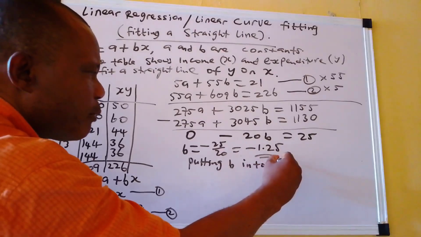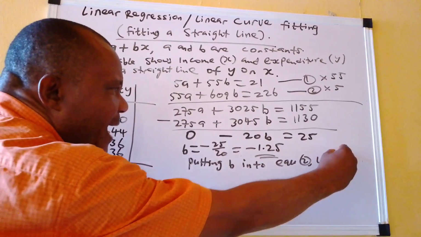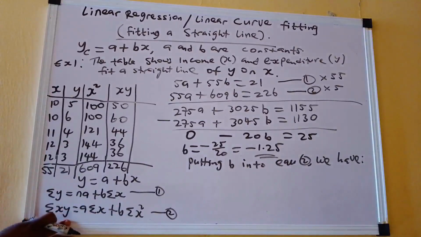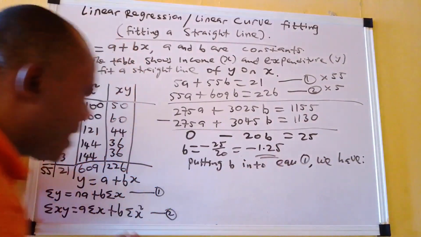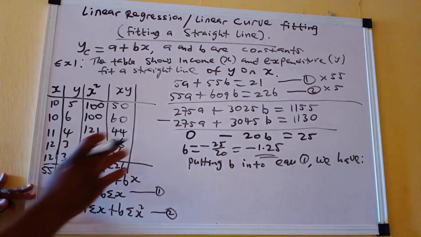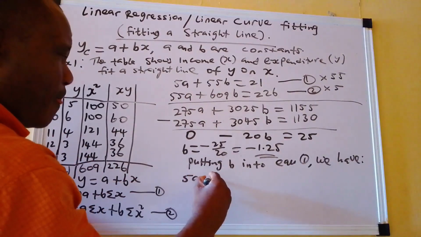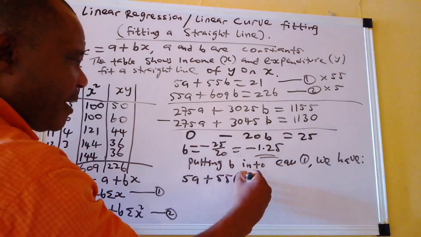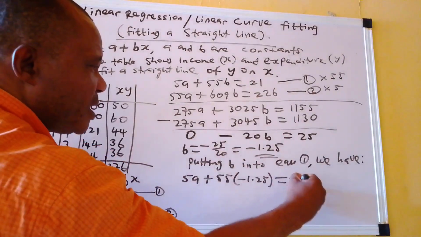So putting B into equation 2, or let's say even into equation 1, okay, let's put it into equation 1, not equation 2. Now look at equation 1 here. It means 5A plus 55 into B, which is minus 1.25, and that is now equal to 21.